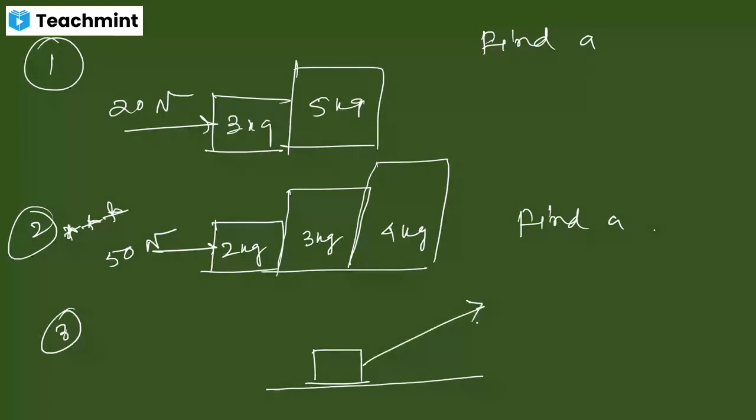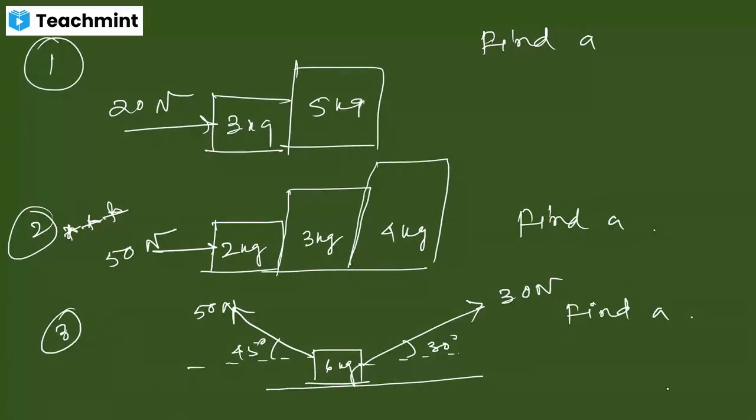Now, if I apply a pull force of 30 Newton, acting at an angle of 30 degrees, and I apply another pull force of 50 Newton at an angle of 45 degrees, you have to find the acceleration. This is for 6 kg of mass. So find the acceleration for 3 cases.